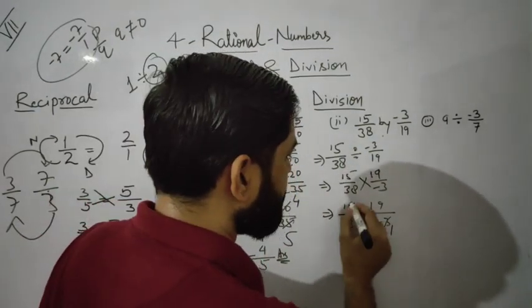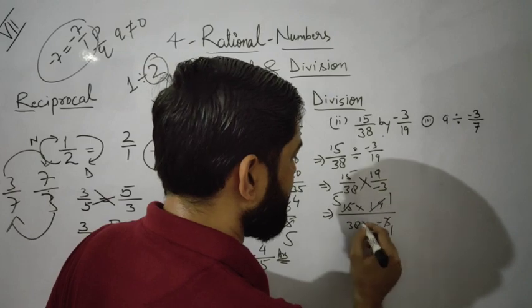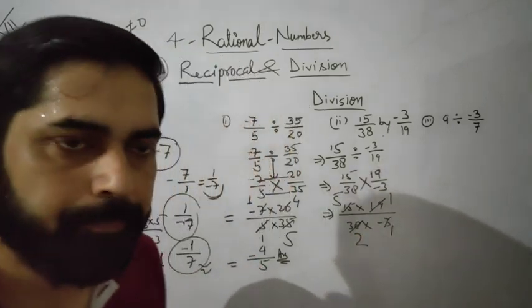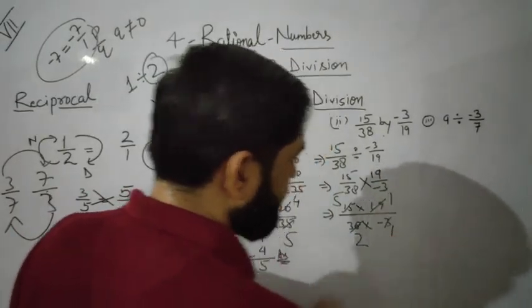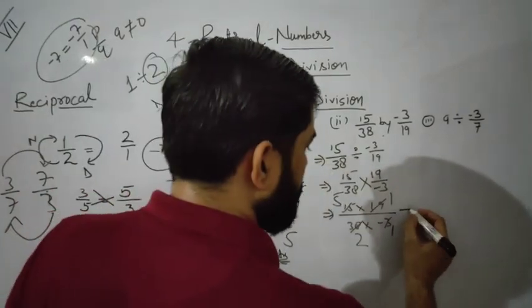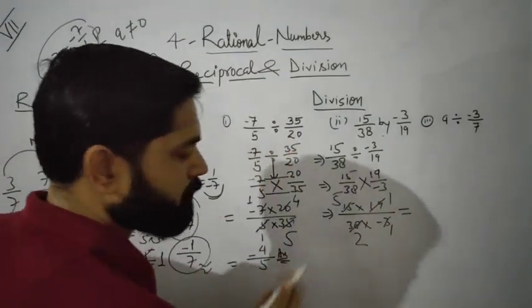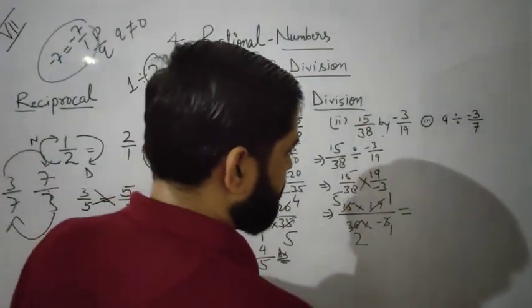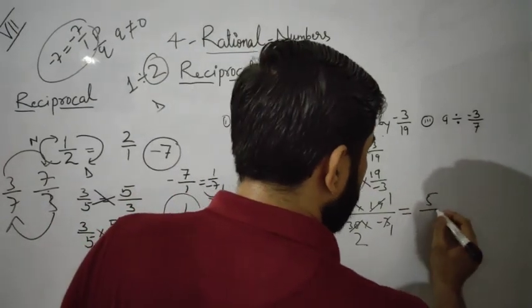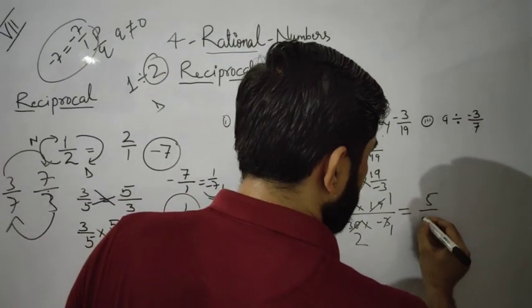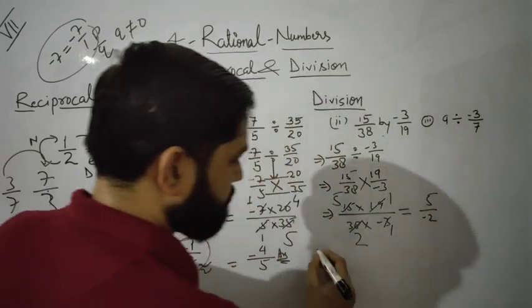So 3 ones are 3, 3 fives are 15, 19 ones are 19, 19 twos are 38. So what do we get here? 5 upon minus 2.